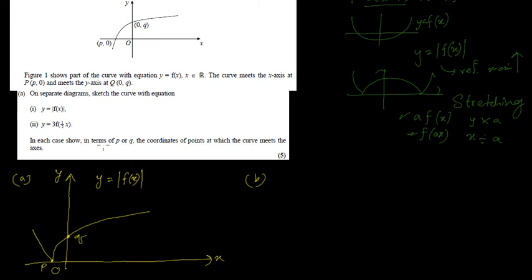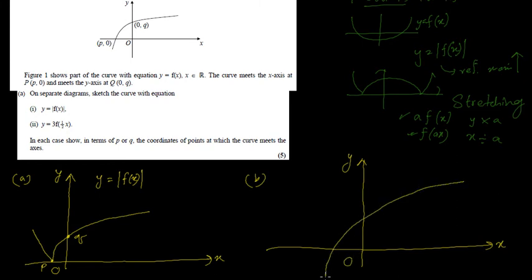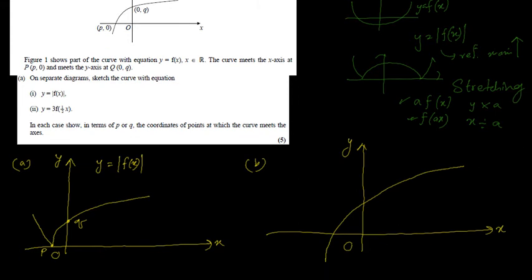So here, for this sketch, the trick is, you have to remember the picture will be more or less the same. So you just draw the picture as it is, and all you do is change the y coordinate.